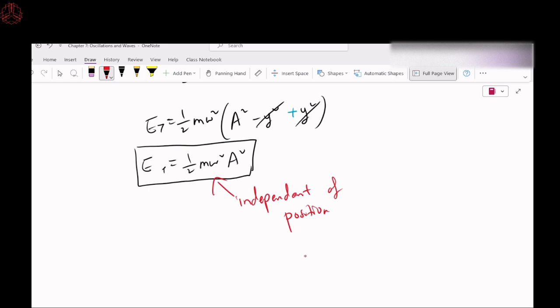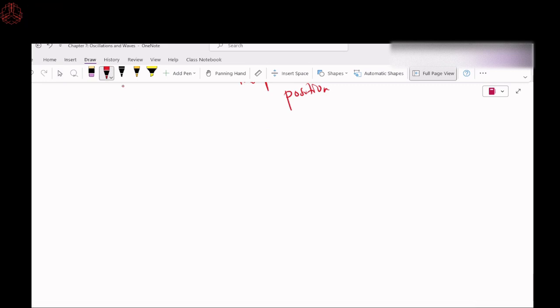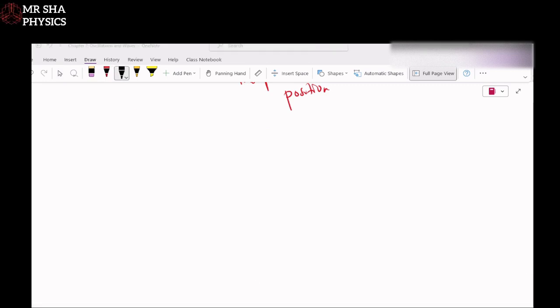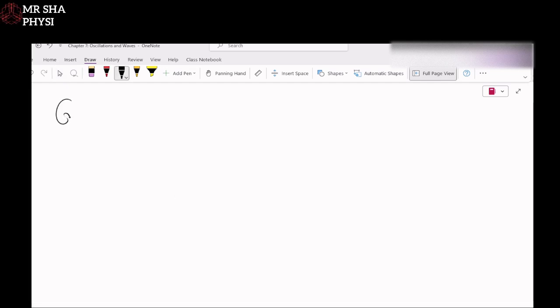That means my total energy is always constant, which brings me to the next part, where we will learn how to graph certain things out.